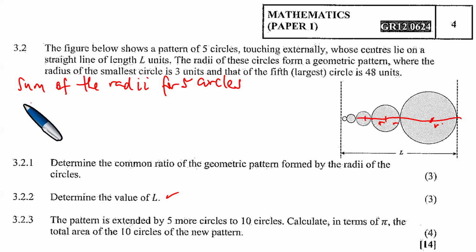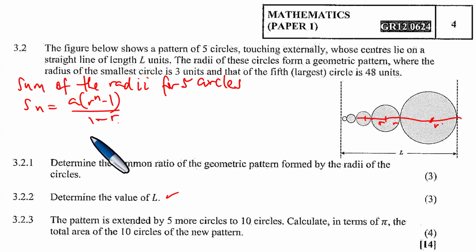Meaning Sn equals the sum formula, which means that S5 equals, what is the first term? The radius of the smallest circle is 3 units, so the first term is 3 units.